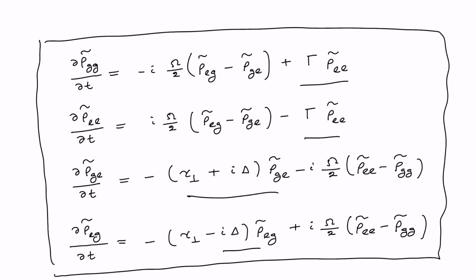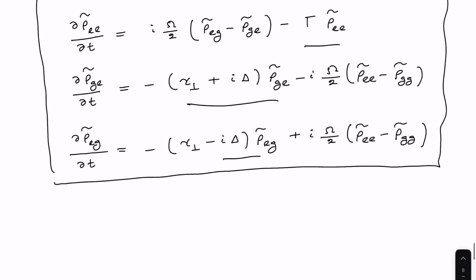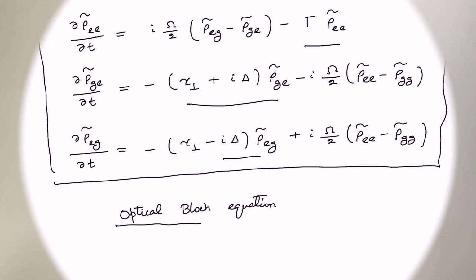This form of the equations is known as the optical Bloch equations. These are a very important set of equations, and we will come back to them again in a later lecture.